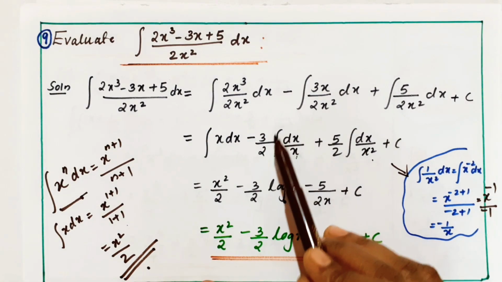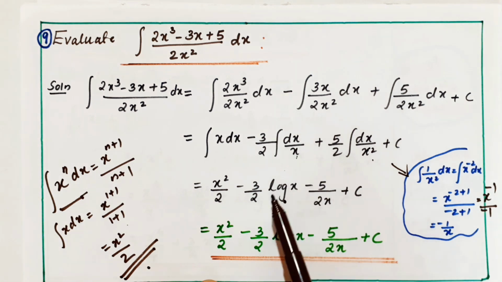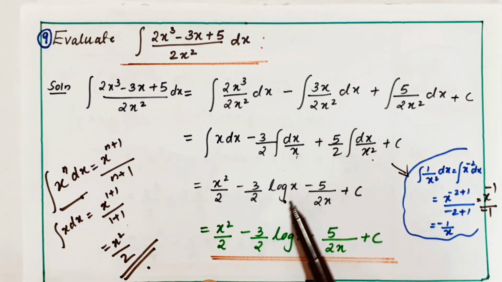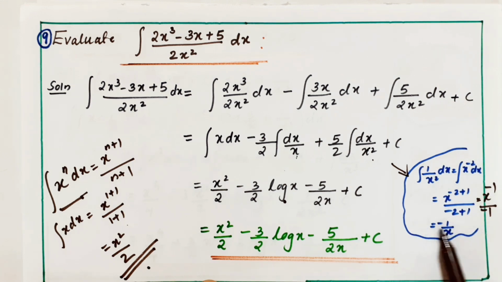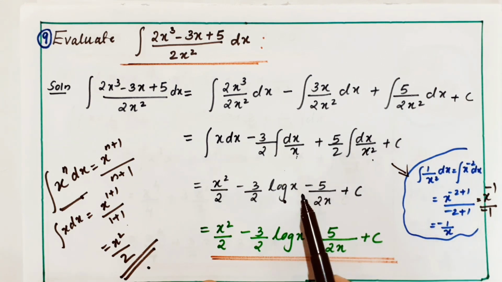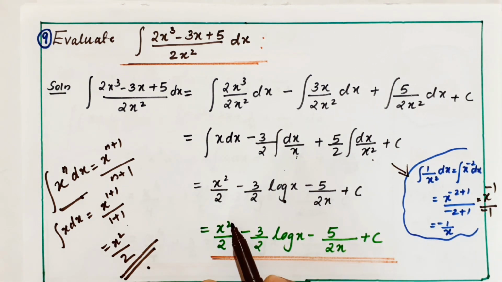So this is in the form of dx by x, x in the denominator and dx in the numerator, so its integral is log x. Then the integral of dx by x square I showed you comes as minus 1 by x. That minus I am taking here, 5 by 2x plus c. Okay, so what is your answer? X square by 2 minus 3 by 2 log x minus 5 by 2x plus c.